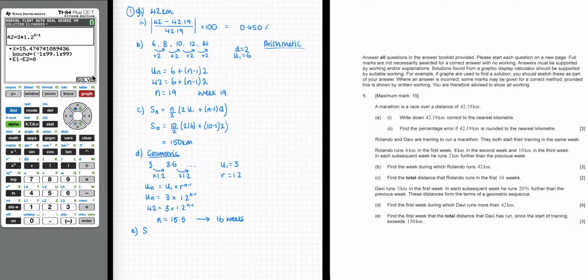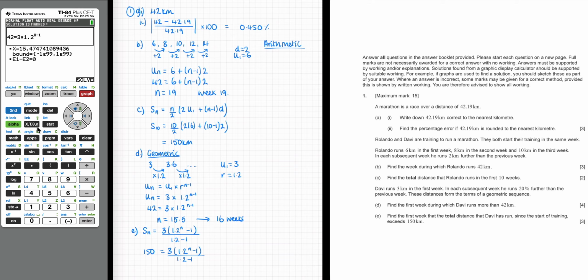So the summation of my sequence, or my series, will be the first term, which is 3 times r to the power of n minus 1, all over r minus 1. And I'm wanting to know when is the first time that exceeds 150. So 150 is equal to 3 times 1.2 to the n all over 1.2 minus 1.